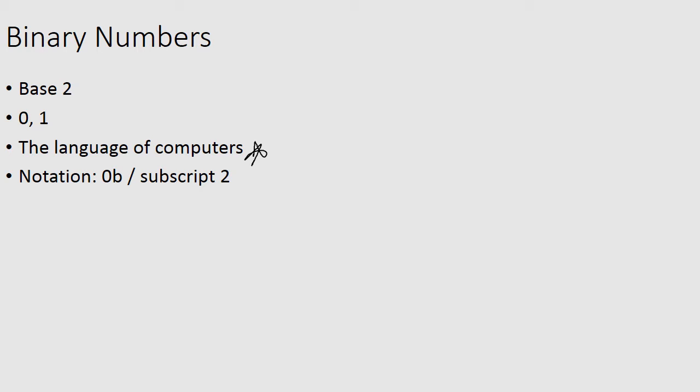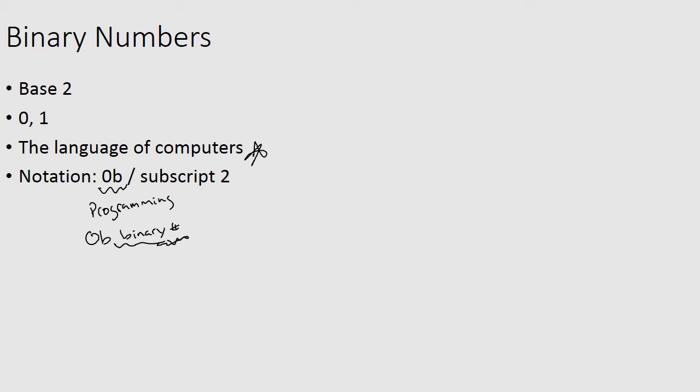So to differentiate binary numbers from decimal numbers, or the numbers that we usually use, we can have two notations. The 0b notation is more programming oriented. So if you were programming in C or C++, when you write your code, you would put 0b and then the binary number, and that will tell the computer that, okay, rather than writing a decimal number, I just wrote a binary number.